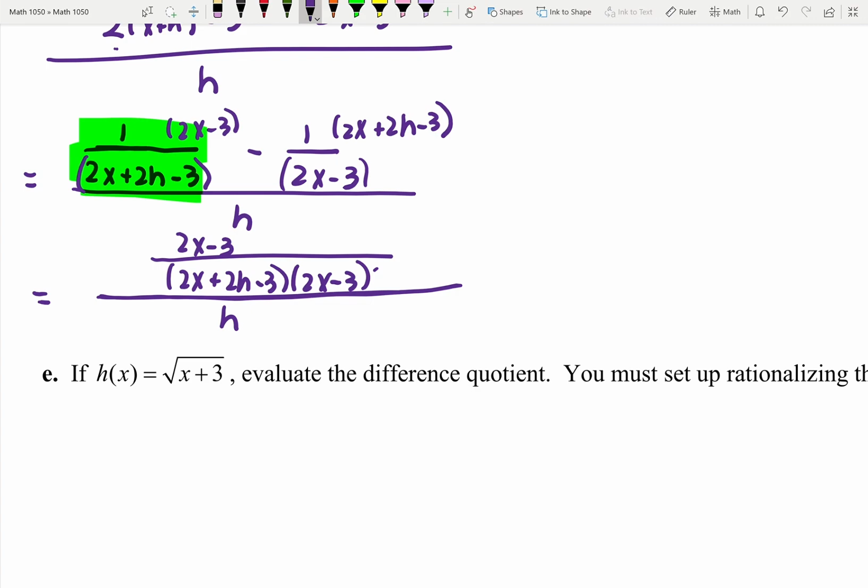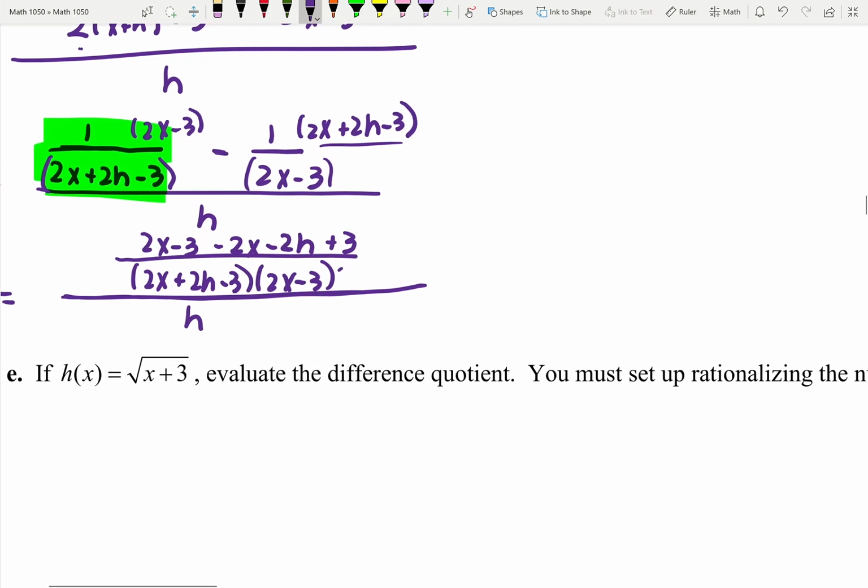Here's where people mess up, right here. See this negative? I mean, this stuff is tough, you know? And truly, one of the biggest reasons people miss this is distributing that negative. So when you distribute that negative, it changes all those signs. So it's a negative 2x, a negative 2h, and a plus 3.